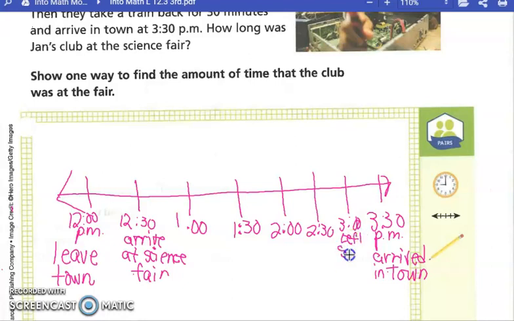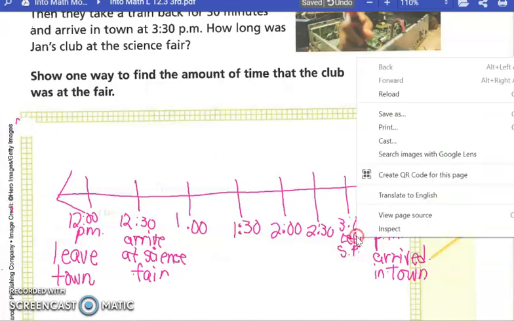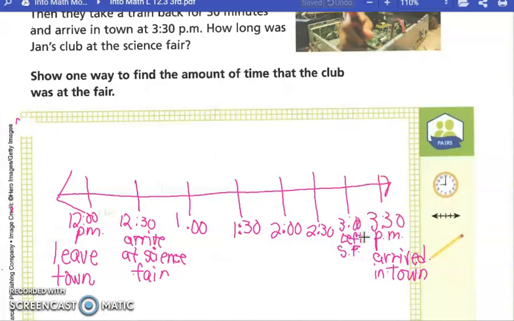I'm just going to put SF for science fair. So they left the science fair at 3. Because the question is, how long were they there?